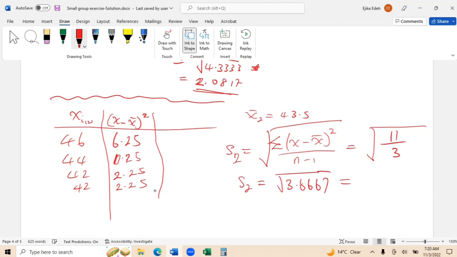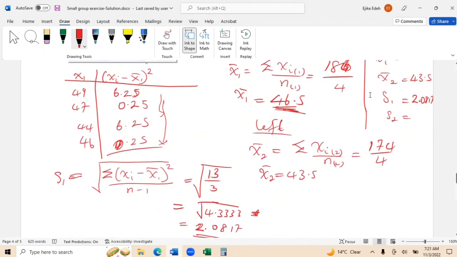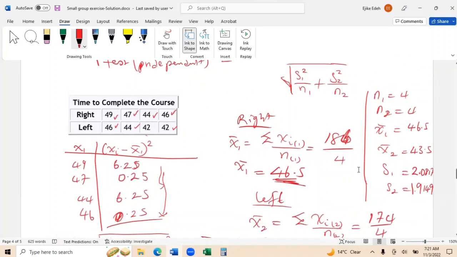If you take the square root of that, it gives us 1.9149, rounded to 4 digits. So this is our S2. Let's put it over there: 1.9149. So we've got everything we need to compute our t-test statistic.